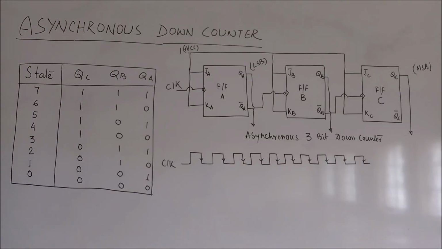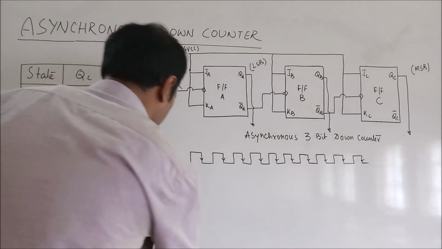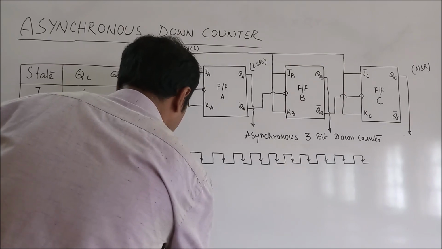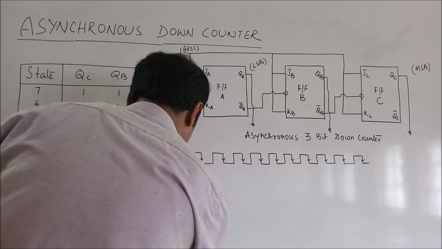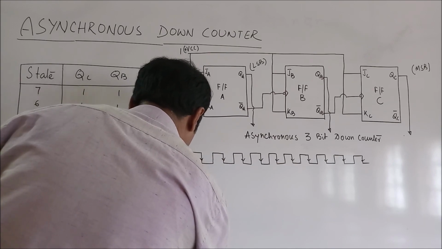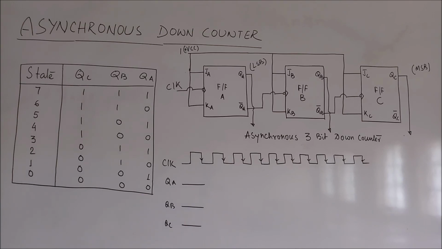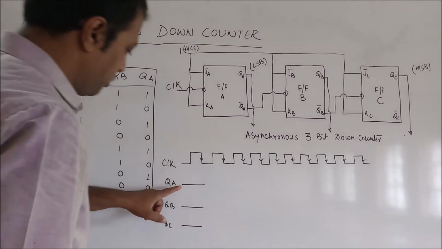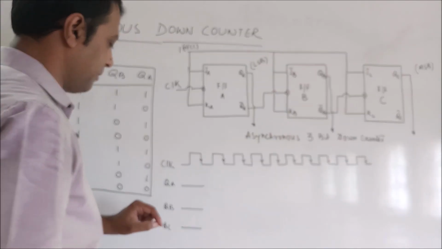Suppose the outputs of all flip-flops are initially 0. Now QA, QB and QC are all 0 initially.